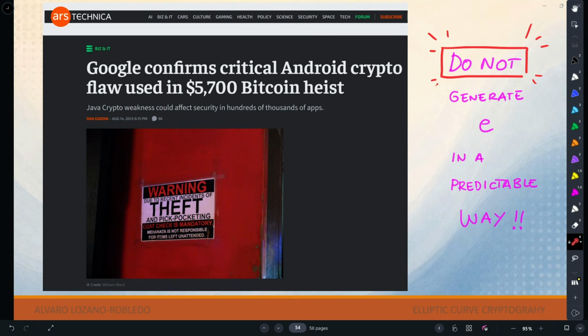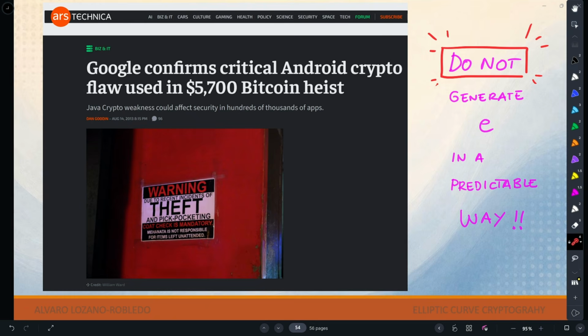And then somebody realized that here they were not as dumb as Sony and PlayStation, but they were nearly as dumb, in that the E value was some very easy function, I forget if it was linear or something, that was changing and that was cyclic.